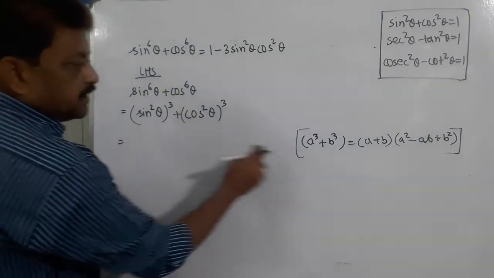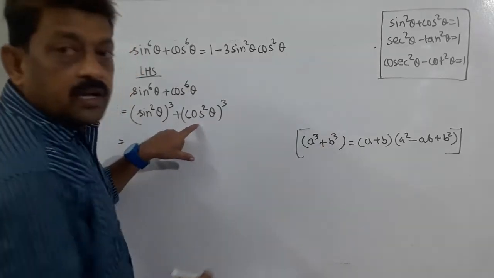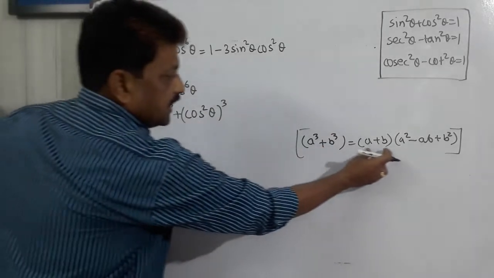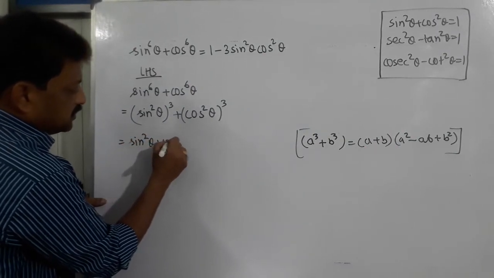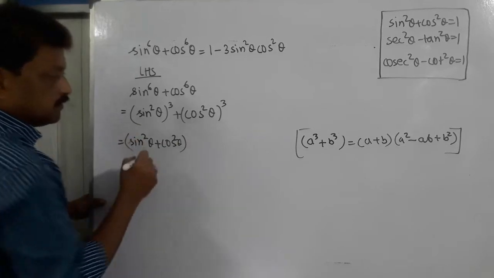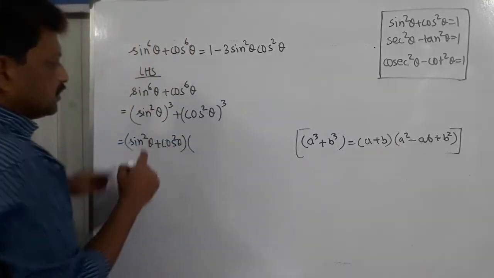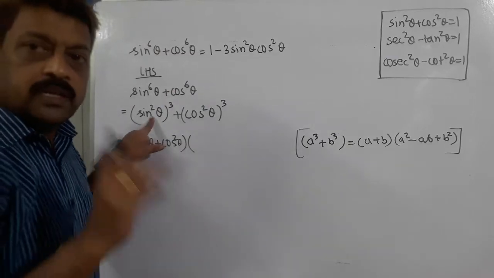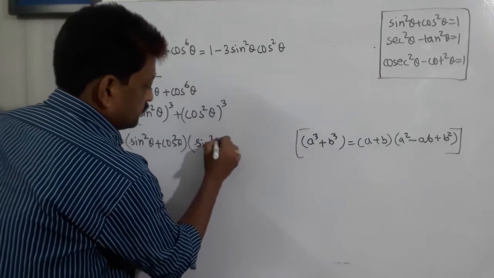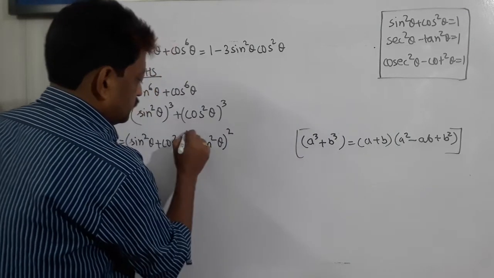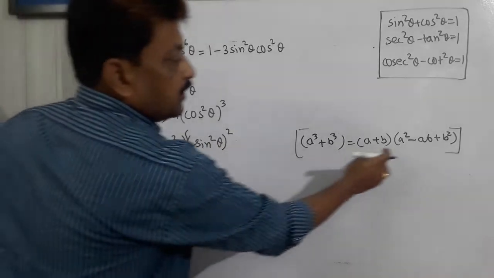Here a is sine square theta and b is cos square theta. So the first part is a plus b, that is sine square theta plus cos square theta, and the second part a square means square of sine square, because a is sine square, so a square will be square of sine square, minus ab.